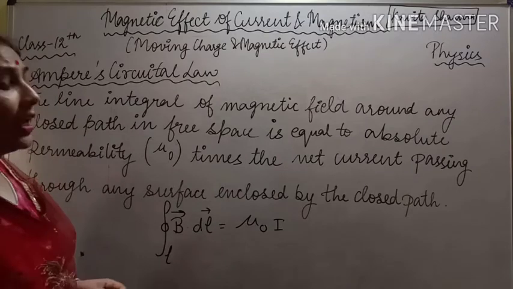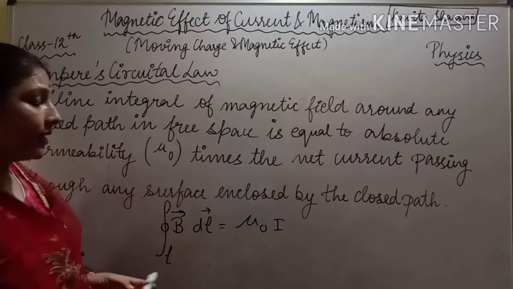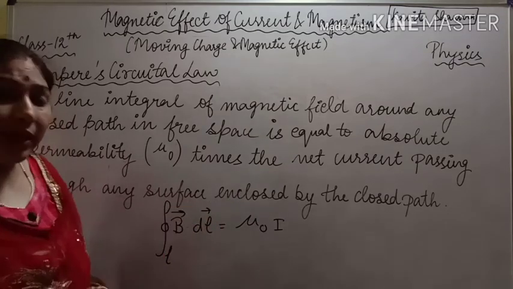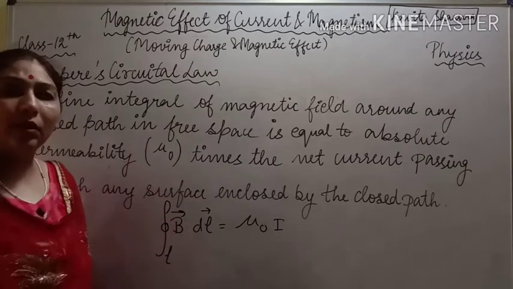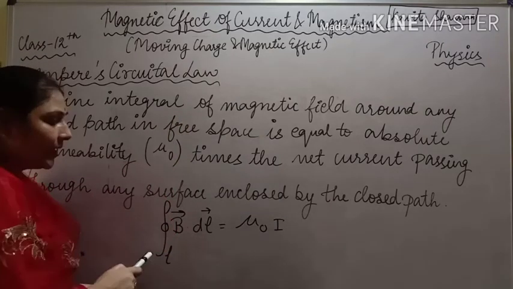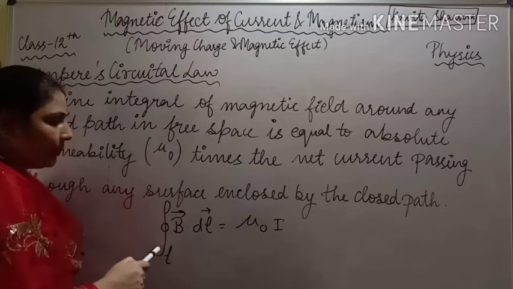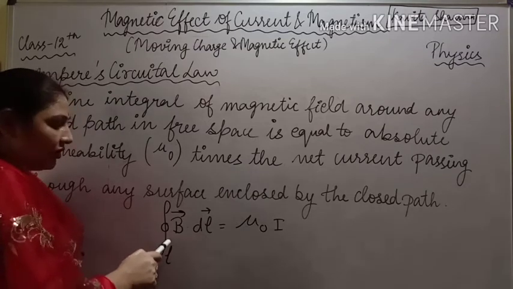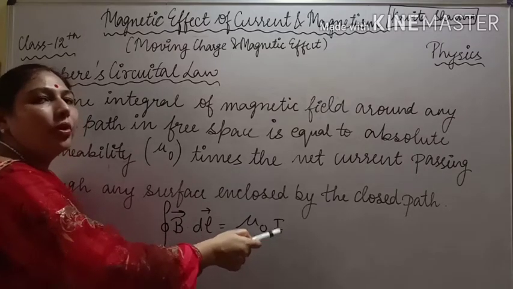If I is the current passing through the conductor, mu naught is the free space permeability, and B is the magnetic field, then according to Ampere's circuital law, the line integral of B dot dl over the closed path L equals mu naught I.